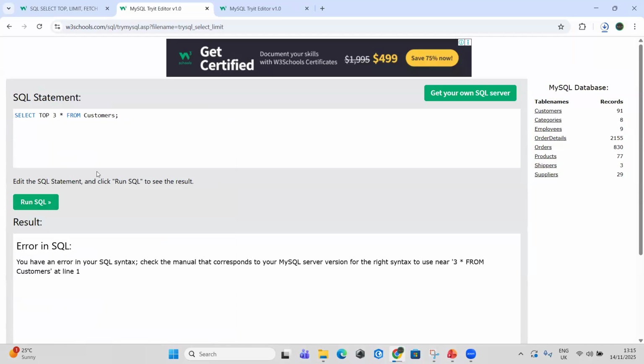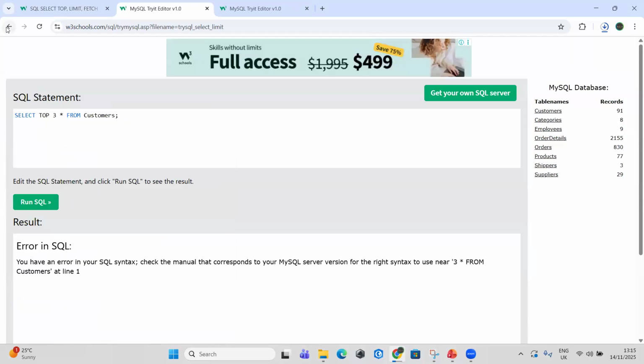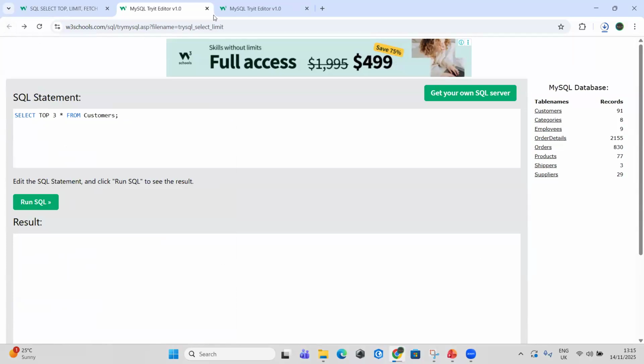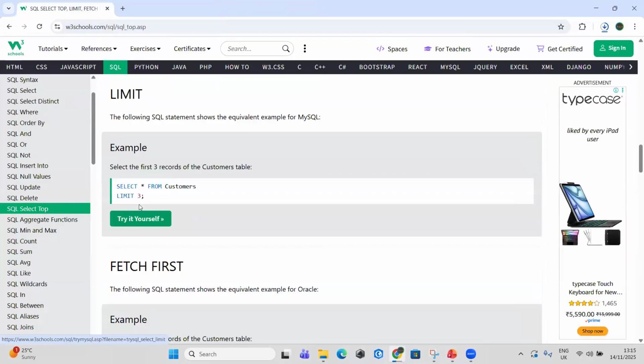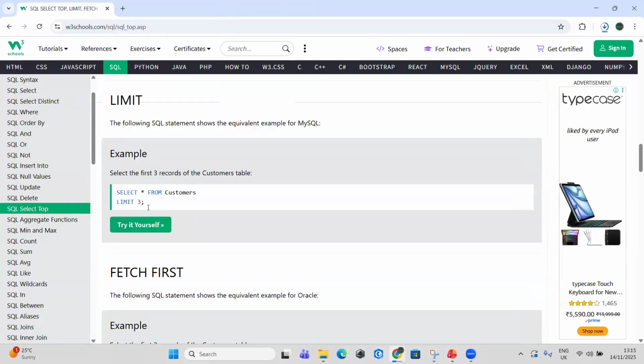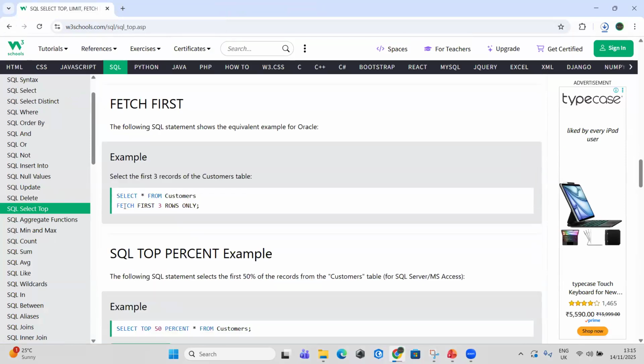This is a problem in the SQL runner database, and it made me wonder what's happening. So instead of top three, you could also just say limit: select star from customers and limit the results to three.